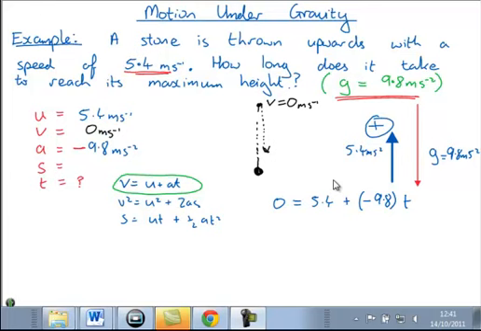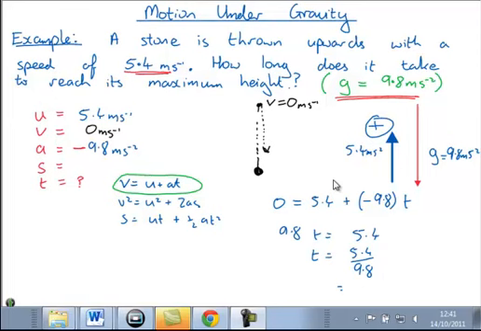Bring this over. You get 9.8 t is equal to 5.4. Divide both sides by 9.8. You get t is equal to 5.4 divided by 9.8.